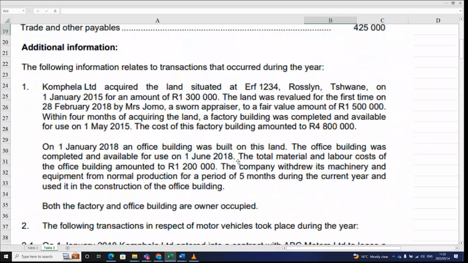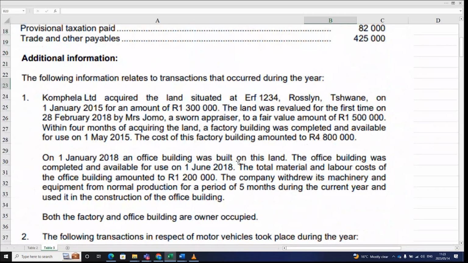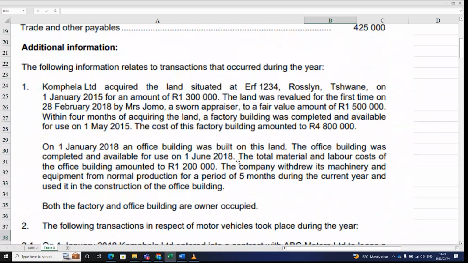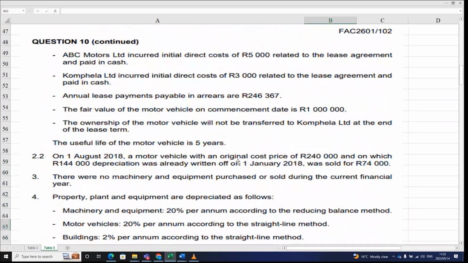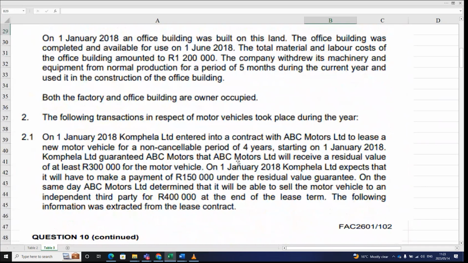Then we saw the building part: there's a building that they had, and there's also another building that was constructed. What I normally do in that case, when there was a machine or some equipment withdrawn, is start with that equipment, so that I can get the portion that must be capitalized to the asset.